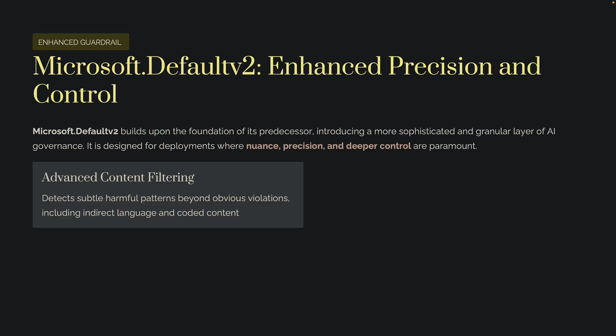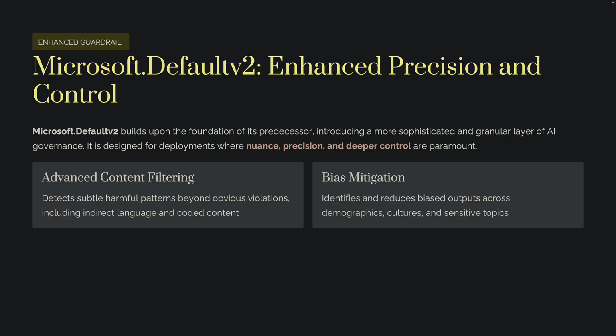So if we talk about the key aspects, the very first one is advanced content filtering, right? It detects subtle harmful patterns. In V2, not just keyword-based filtering, it uses classification models to detect indirect harm, prompt injections, jailbreak attempts, contextual toxicity. An example could be how to hypothetically bypass a system, right? So this could be flagged. Then a very important thing is bias mitigation.